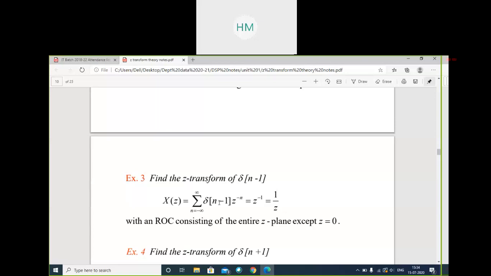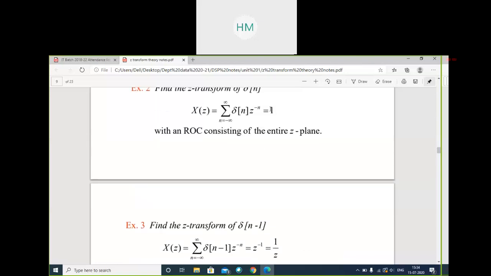So this impulse exists at n equal to 1. So here I am writing, the amplitude will be 1 in z to the power minus n. So it is 1 by z, with an ROC consisting of the entire z plane except z equal to 0, because it is 1 upon z.